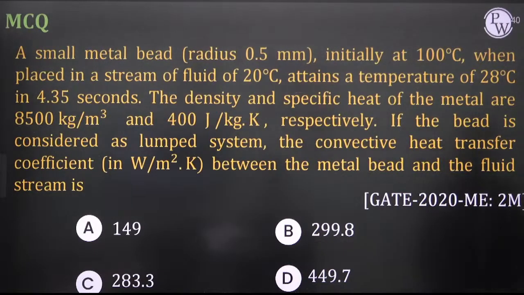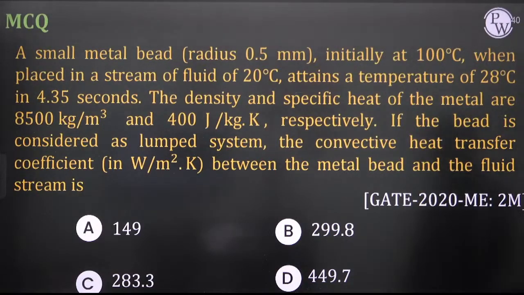The density and specific heat of the metal are 8500 kg per meter cube and 200 joule per kg Kelvin respectively. If the bead is considered as a lumped system, the convective heat transfer coefficient between the metal bead and the fluid stream is?